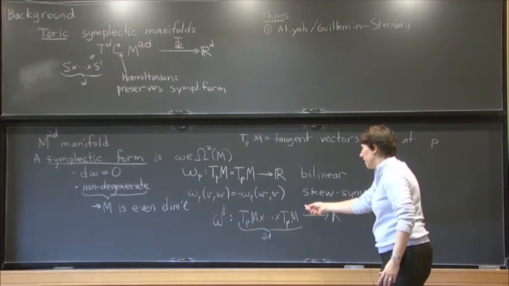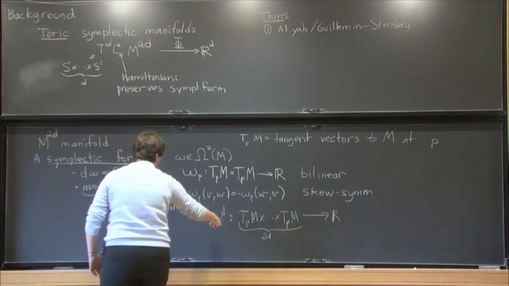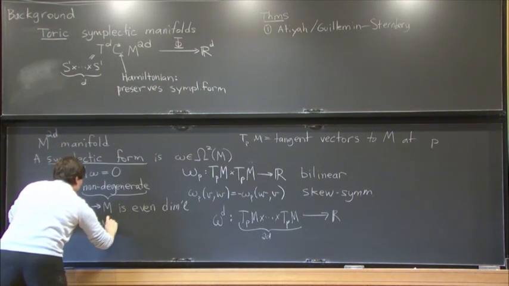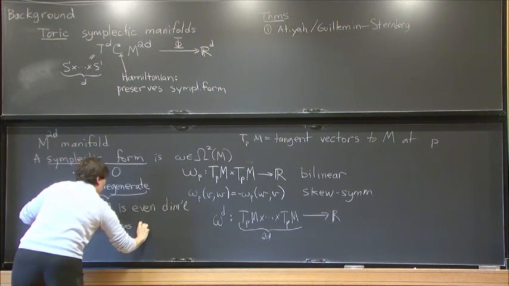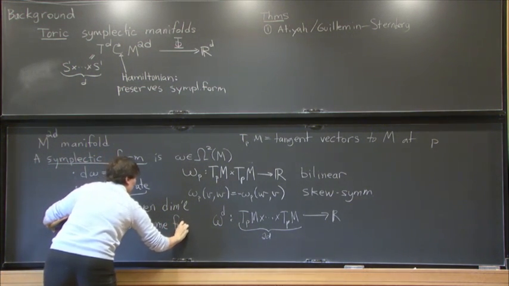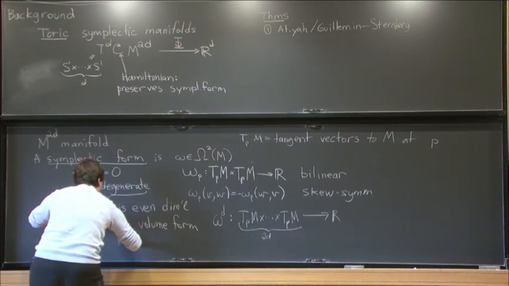And the non-degeneracy says that this is a non-zero form everywhere. So it says that M has a volume form. Okay, so M is an orientable manifold.